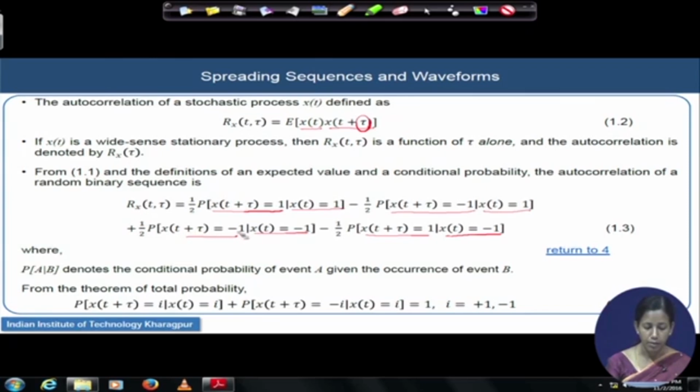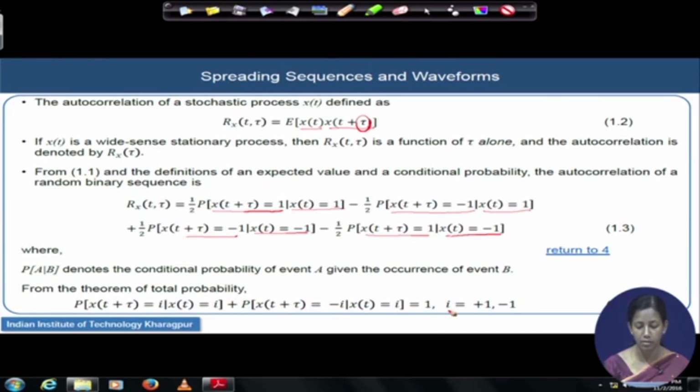Now, remember that this probability of x(t plus tau) given x(t) is a conditional probability, where the probability of event A given the occurrence of B is called so. From the theorem of probability theory, we understand that whatever you have transmitted, the probability of the correct reception plus the probability of erroneous reception, the total probability, is expected to be equal to 1.